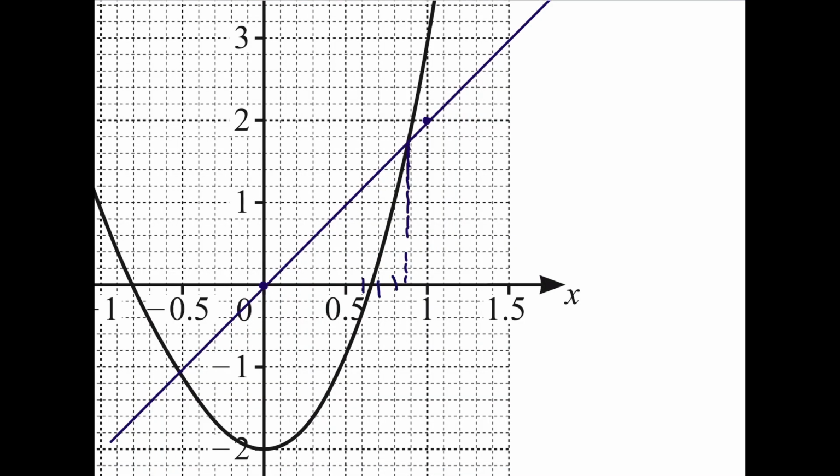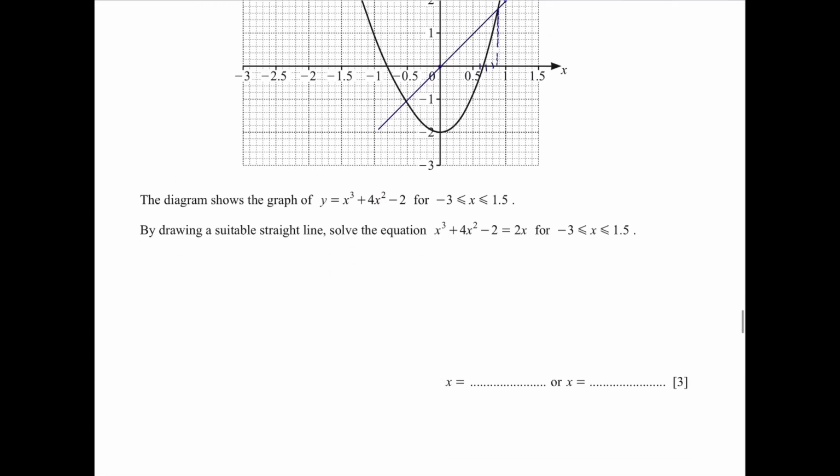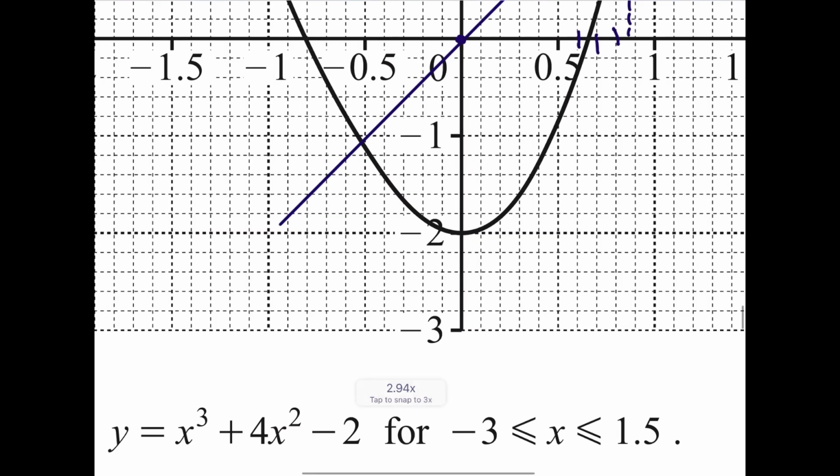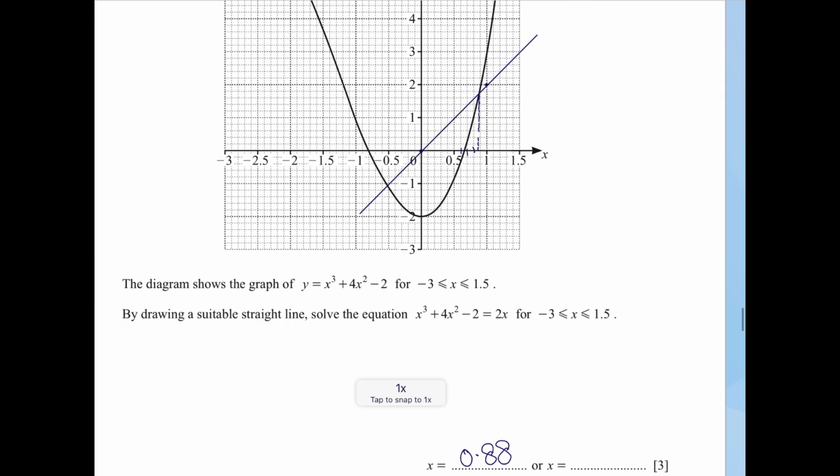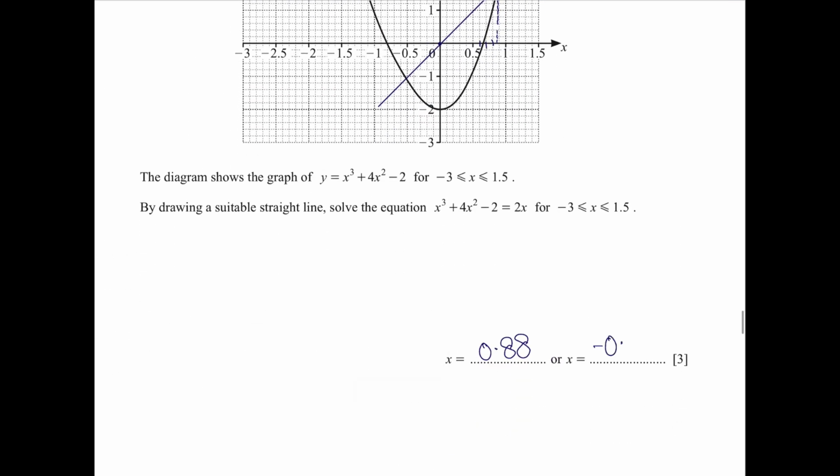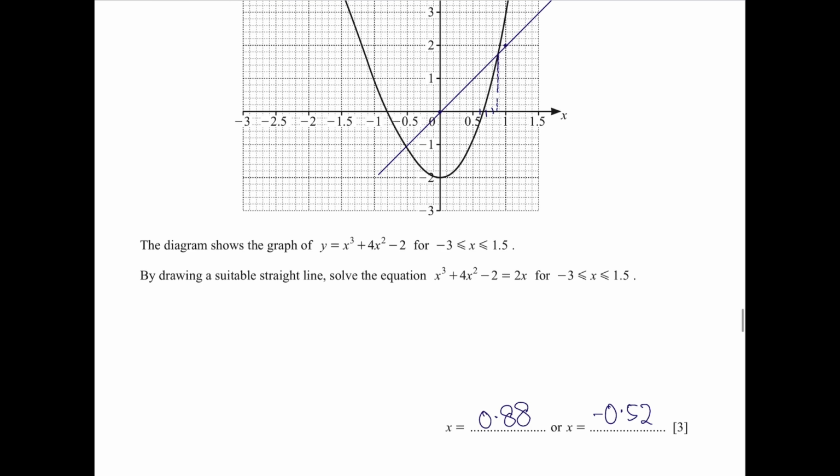Let's say 0.88. 0.88 could be one answer. The other answer could be negative 0.52. So there is obviously a range of answers, but you have to fall in that range, otherwise you would lose a mark over this answer.